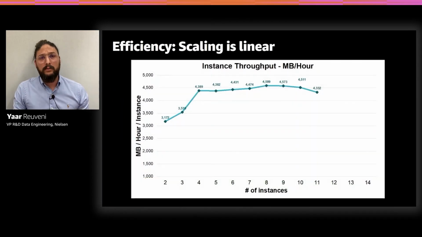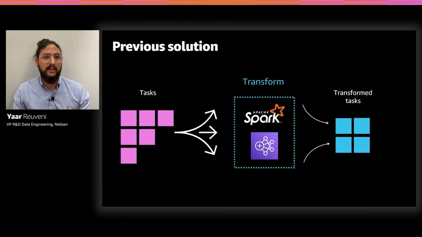Now, let's look at our scaling efficiency. So it's pretty good. You can see it's a relatively flat line, which means as we add more and more instances, we pretty much keep the same amount of throughput per instance. In a previous solution we had in this part of the system, we used to have a Spark cluster running on EMR.